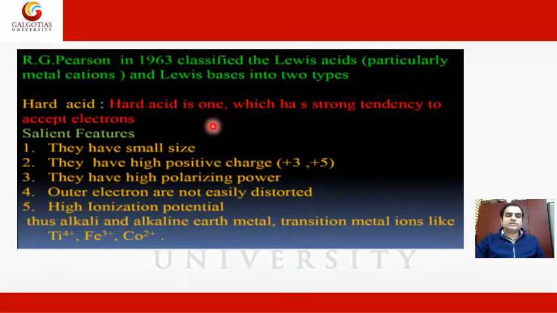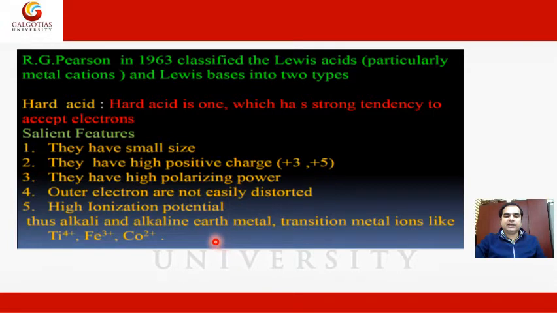The salient features of a hard acid are: it should have small size, high positive charge like +3 or +5, and high polarizing power, and the outer electrons are not easily distorted. Further, it should have high ionization potential, so that it can easily release electrons and convert into the cationic form.